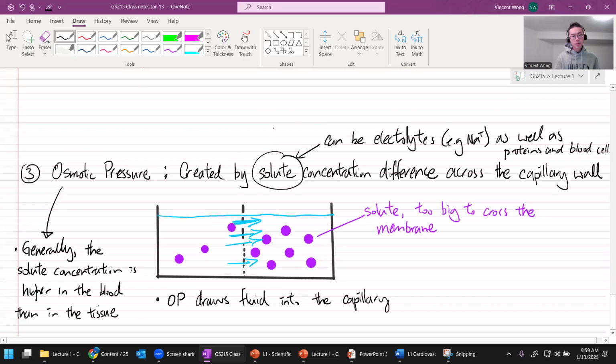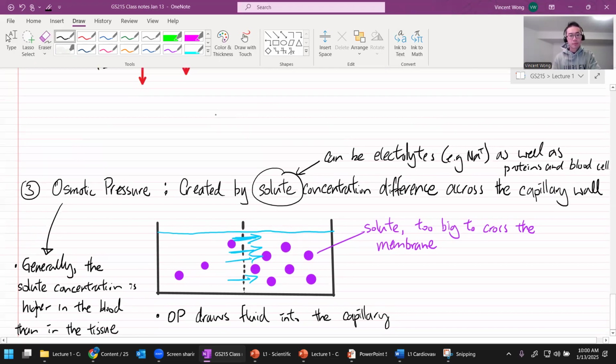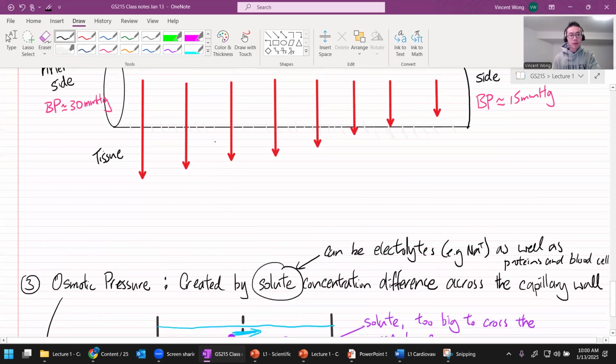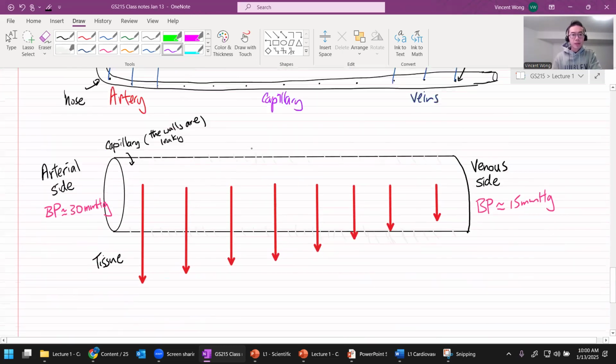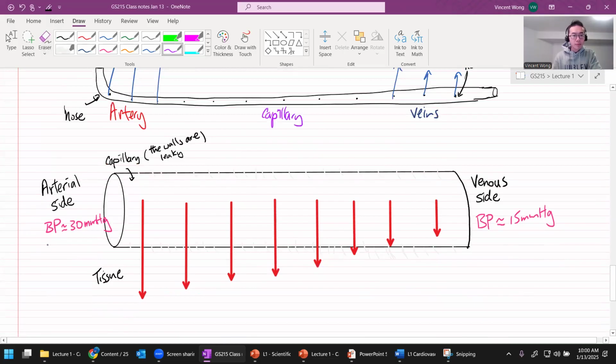So let's go back to the earlier diagram. Once you've finished copying that. Okay, so let's take a look here. On the left side, the osmotic pressure is approximately 20 mmHg.